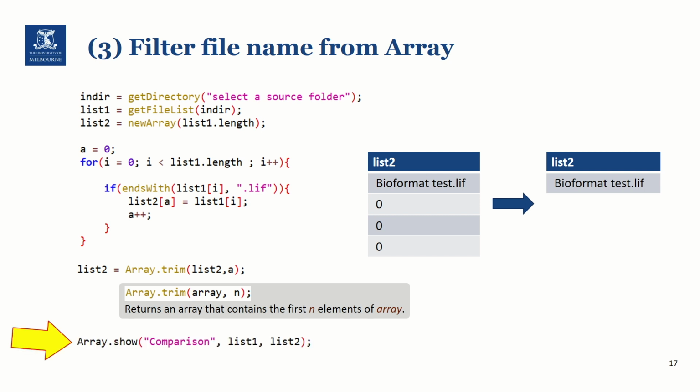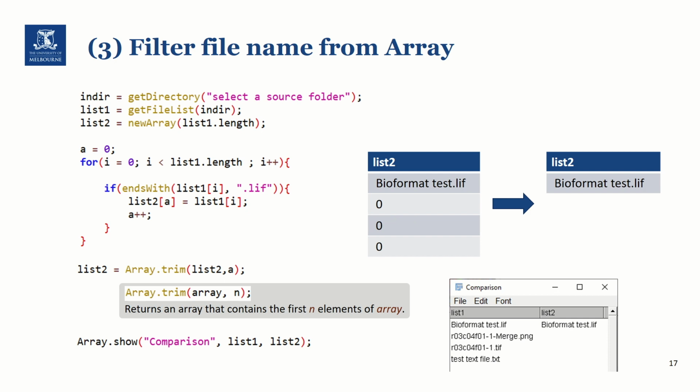We can also double check the contents of our array at this step using the Array.show function. And now you can see that list2 now has only .lif files.